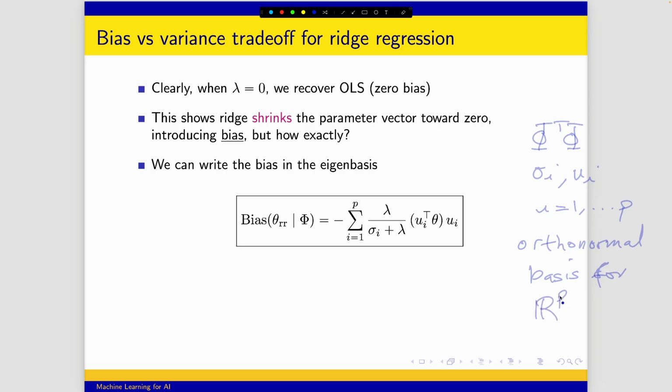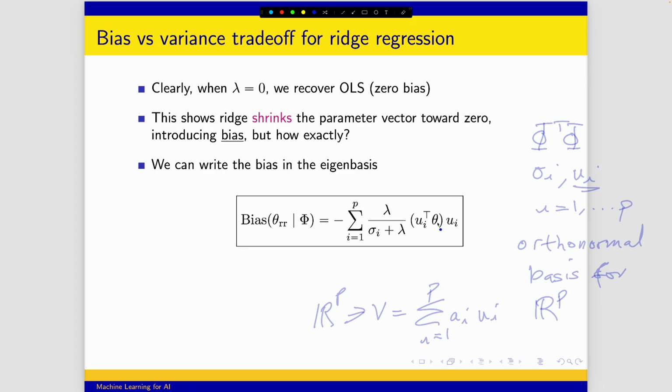In other words, for R^p, Euclidean space with dimension p. So that means any vector in R^p can be written as a linear combination of these eigenvectors. Any vector v in R^p can be written as a linear combination, the sum of a_i times u_i from i equals 1 up to p. That's what this means.